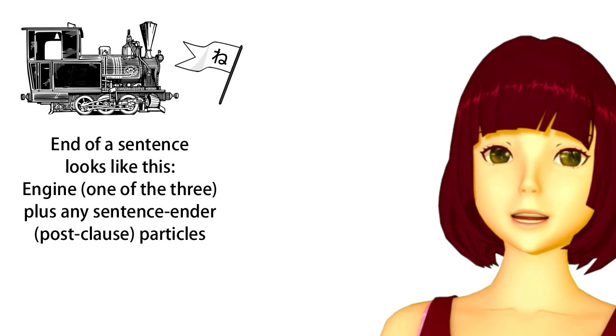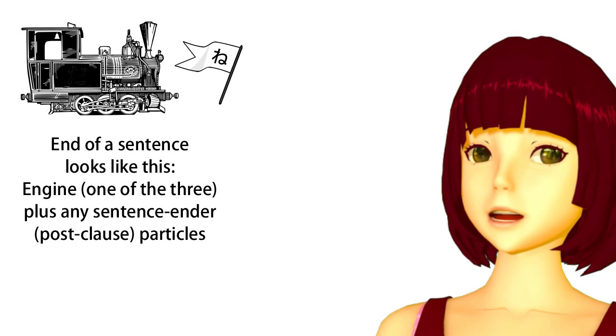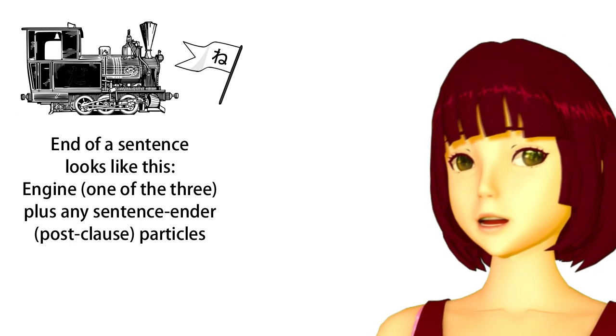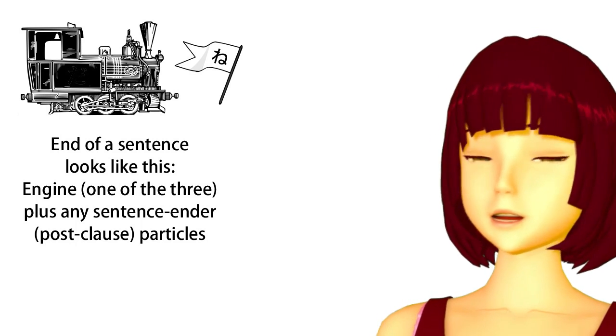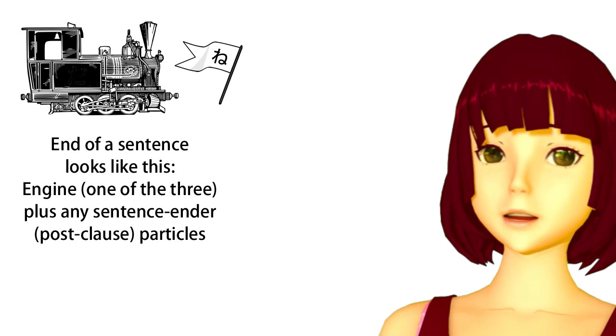It will be the last thing in the sentence, apart perhaps from one or two sentence ender particles like yo or ne or yone. We call them sentence ender particles, but in a way it might be more accurate to call them particles that come after the end of the sentence.